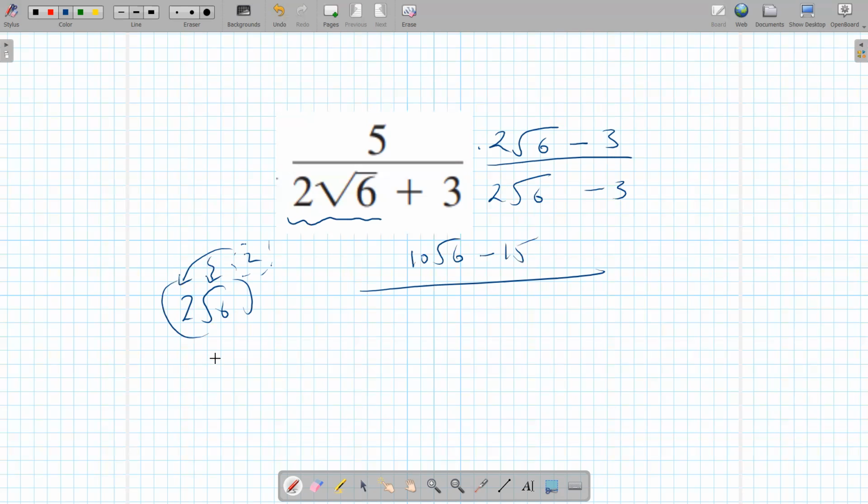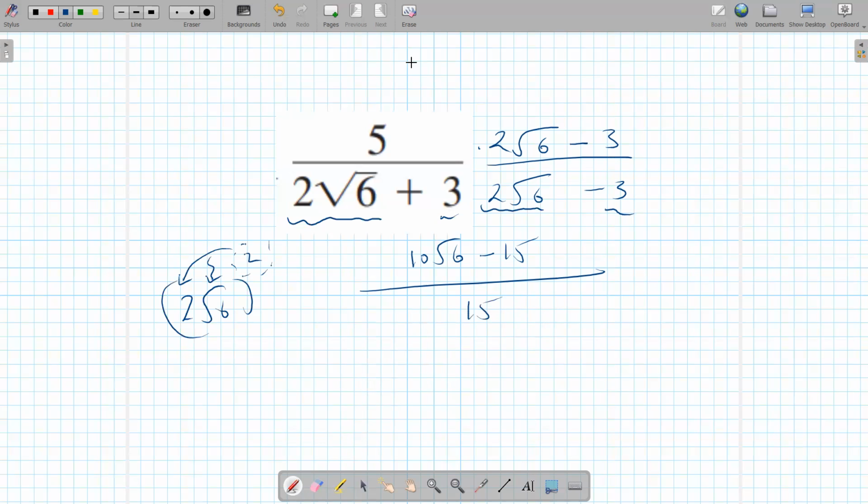What's 2 squared? 4. And then what's root 6 squared? 6. Yeah, so we get 4 times 6 for the a squared. And then we have minus b is 3, b squared, 3 squared, like that. And that's 24 minus 9. That's going to be a 15, okay?